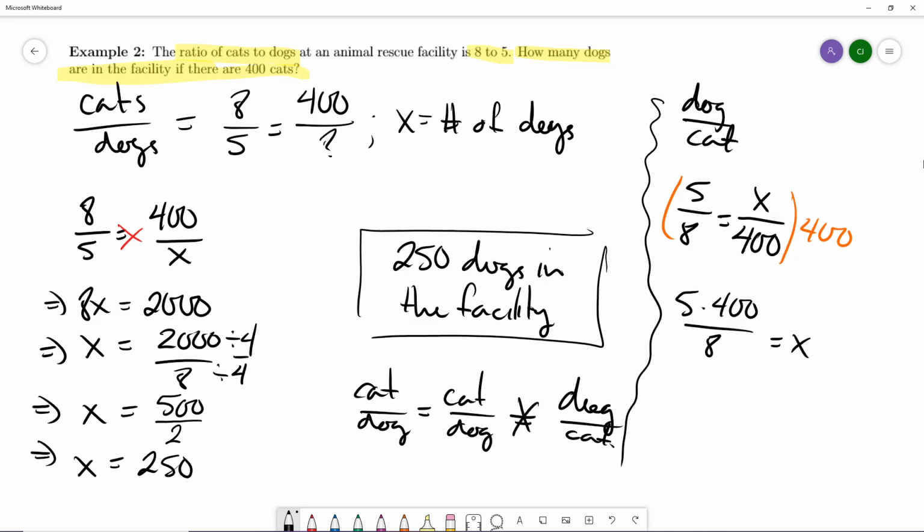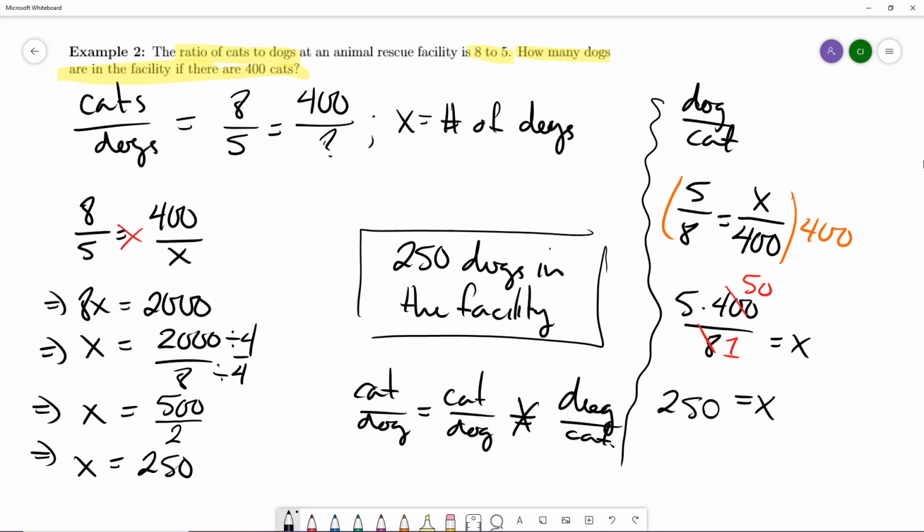Here it's a little more clear. 400 divided by 8 is 50. And then 8 divided by 8 is 1. So what am I left with? 5 times 50, which is 250. And then 1 is 1. So 250 divided by 1 is 250.